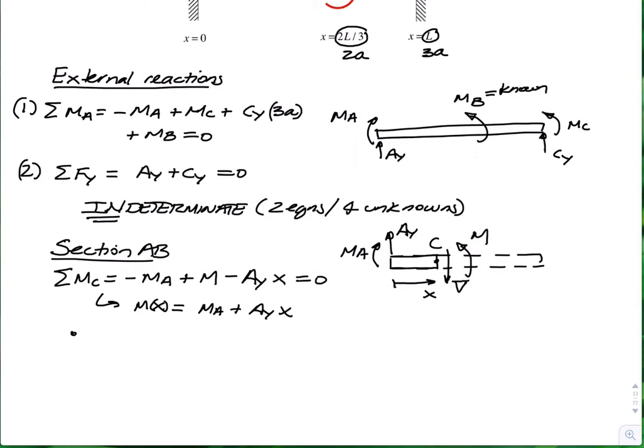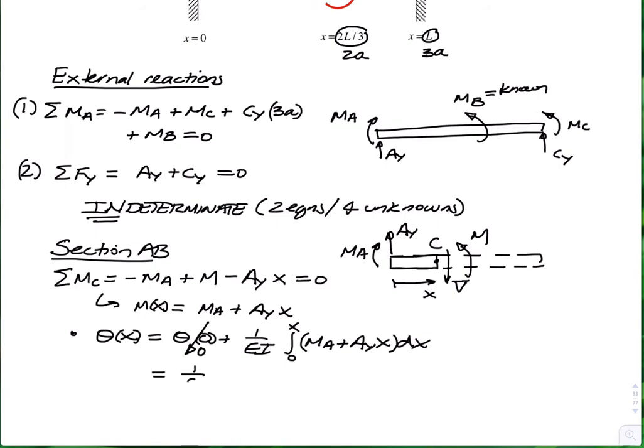We're all set, because now we can say that theta of x is theta on the left-hand side plus 1 over EI, the integral from 0 to x of M, and M is MA plus AYX. Because we have a clamp condition on the left side, clamp means that not only is the displacement 0, but so is the rotation, so theta naught is equal to 0.